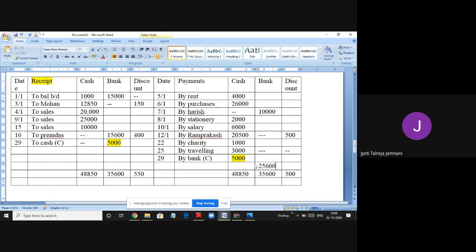So 48,850 minus 4,000 minus 26,000 minus 2,000 minus 6,000 minus 20,500 minus 1,000 minus 3,000 and minus 5,000. Sorry, this is 68,850.